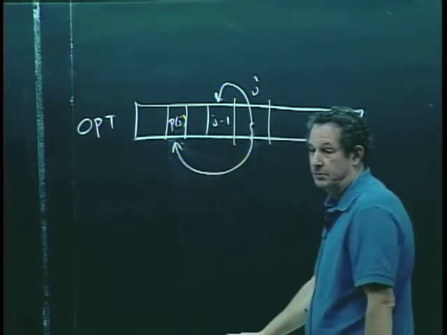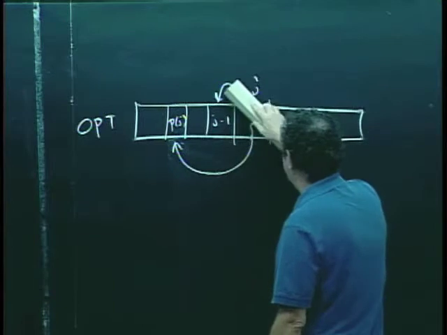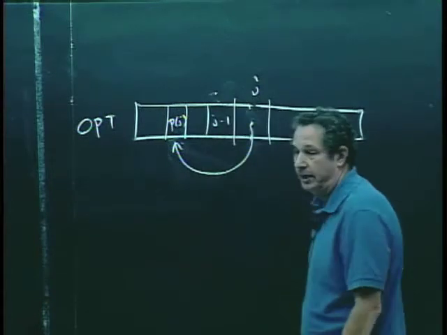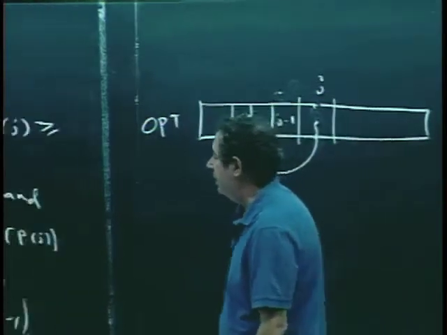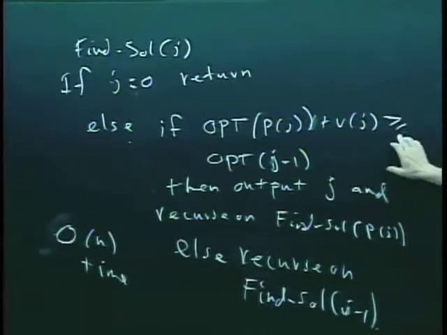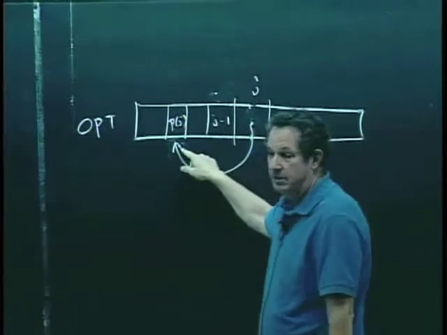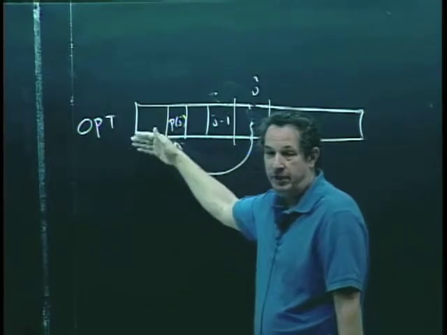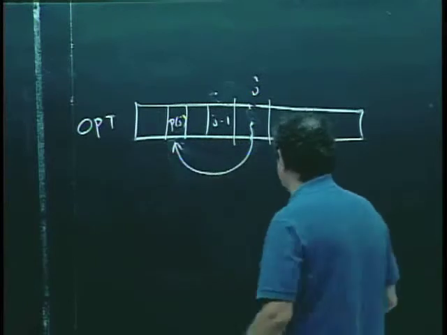So one or the other pointer is going to be left depending on what the situation is. Of course, there could be ties. And here I've broken the tie in favor of pj. That's because it gets me further to the end faster. It'd just be faster computation that way.